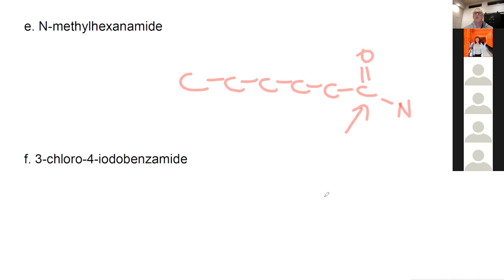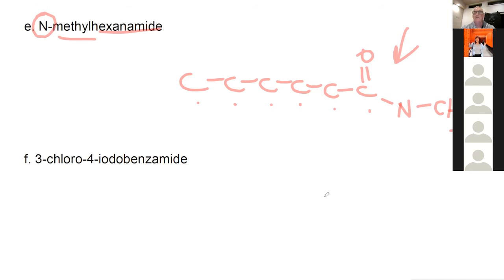Where does the N-methyl come in? Where's the methyl group attached? To the nitrogen, right? It says N-methyl. So that tells us that the methyl group is attached to the nitrogen. So we have 6 carbons and an amide bond. So that's hexanamide.